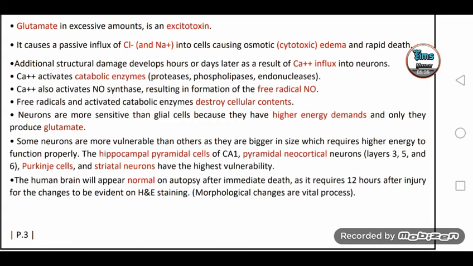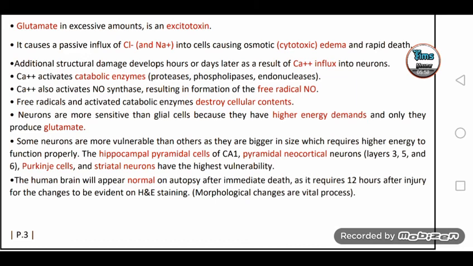Because of the morphological changes we spoke about before, the red neurons and the cytoplasmic eosinophilia and all of that, and the axonal spheroids, all of these changes are vital processes.